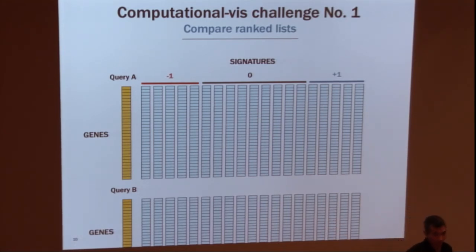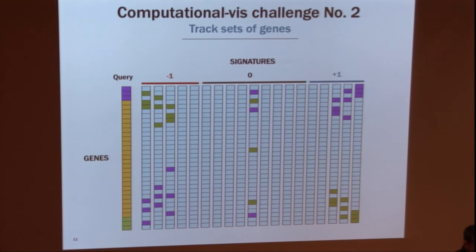So we generate these ranked order lists, and we would like to be able to compare those lists. The other thing is we generate a list of genes that travel together, up regulators and down regulators, and we would like to be able to track these sets of genes across the data set.